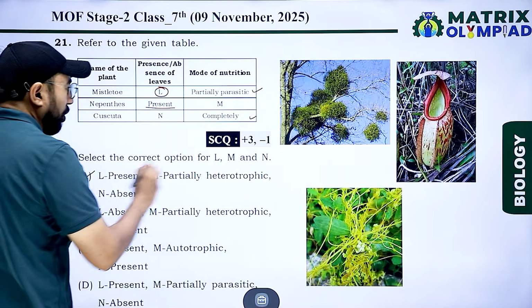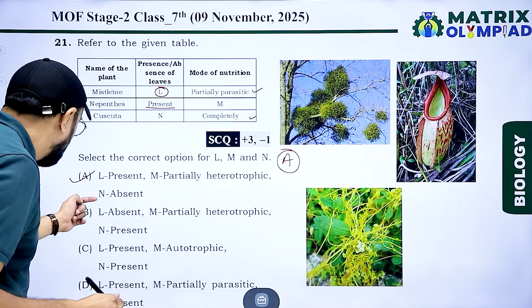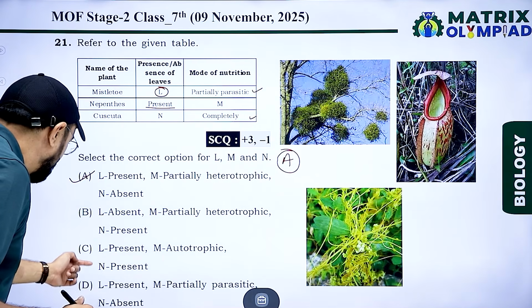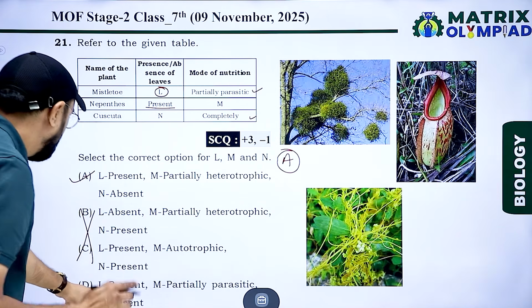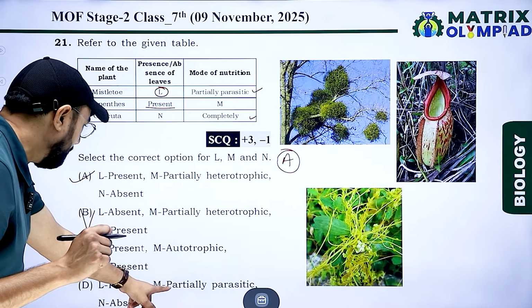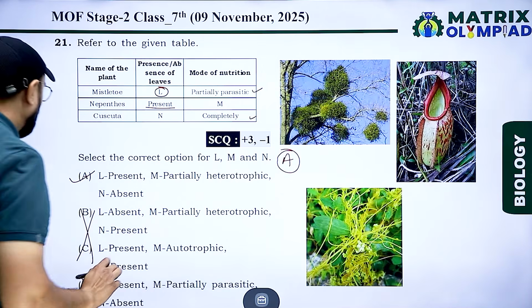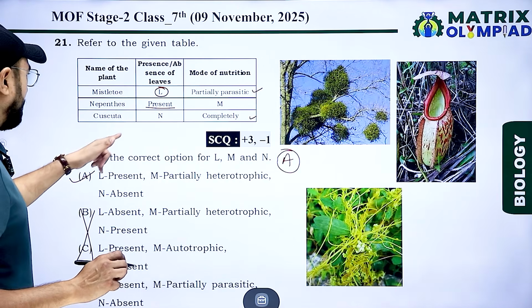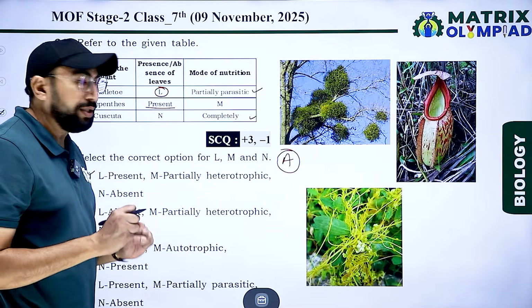So option A is correct. Check another: in cuscuta leaf present, absent, B and C wrong. Nepenthes, mode of nutrition partially parasitic, no. So according to L, M, N, option A is right.